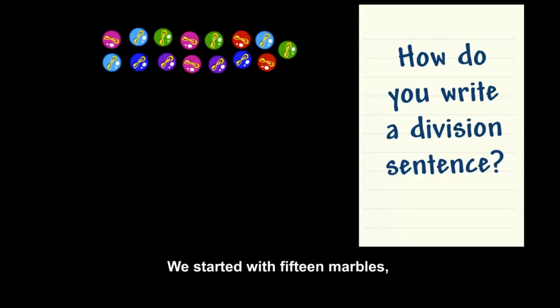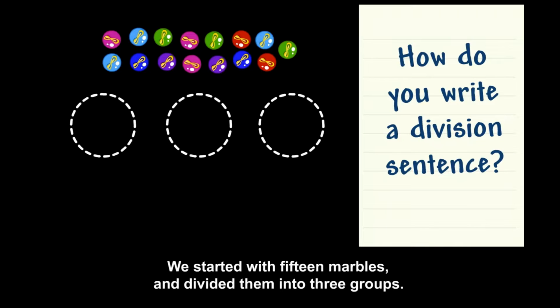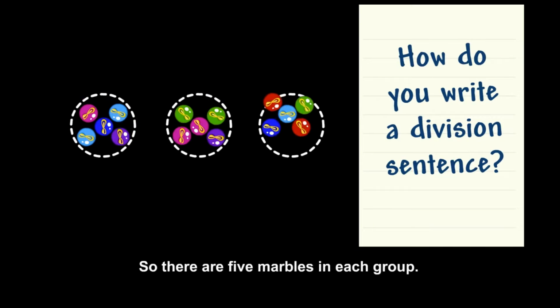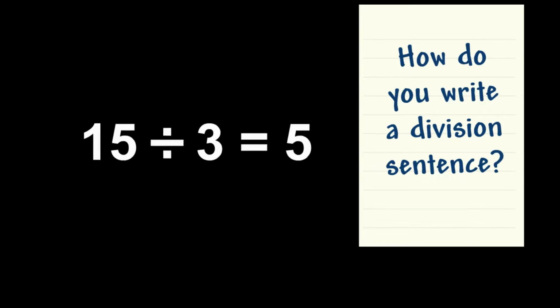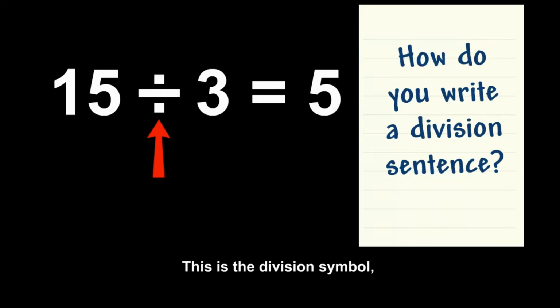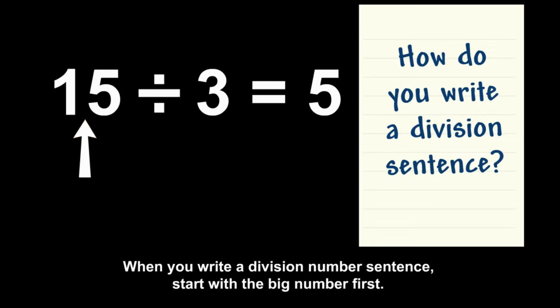We started with 15 marbles and divided them into 3 groups. So there are 5 marbles in each group. So 15 divided by 3 is equal to 5. This is the division symbol, and it tells you to divide. When you write a division number sentence, start with the big number first.